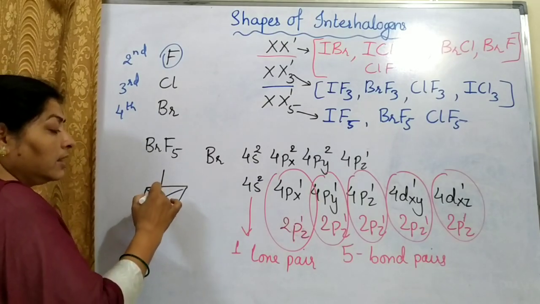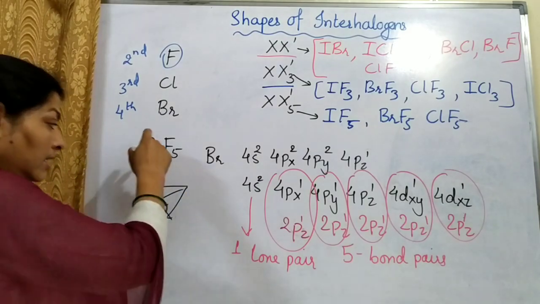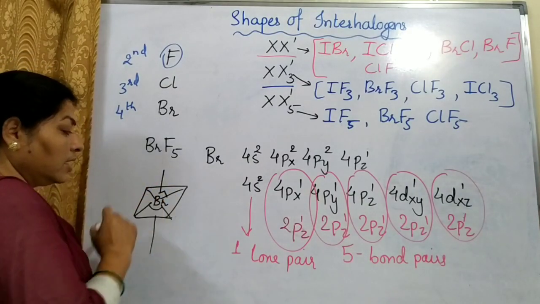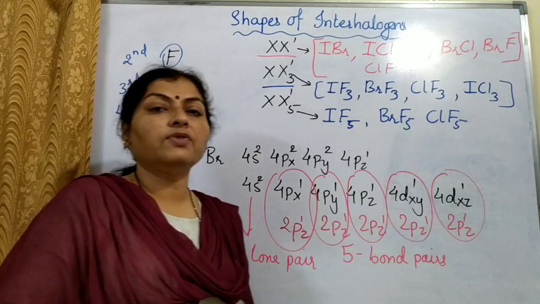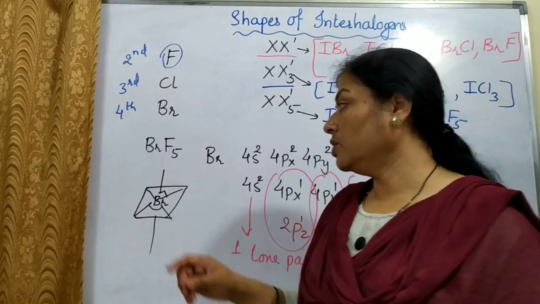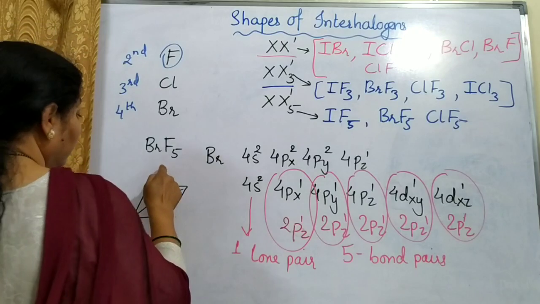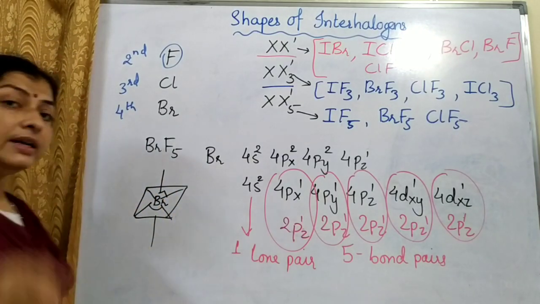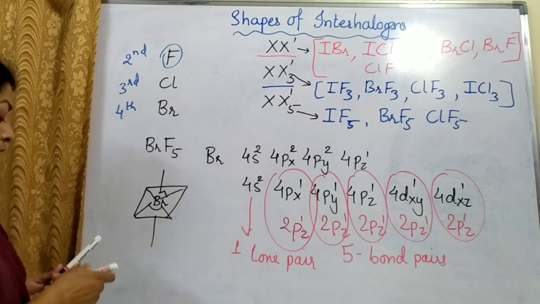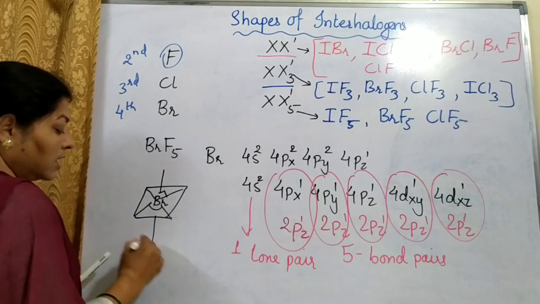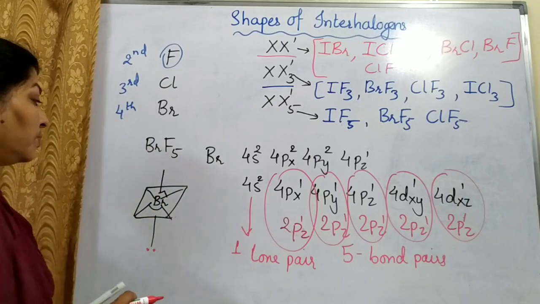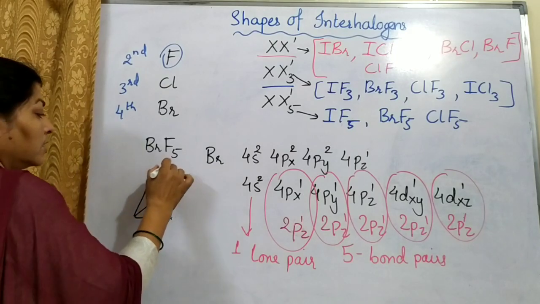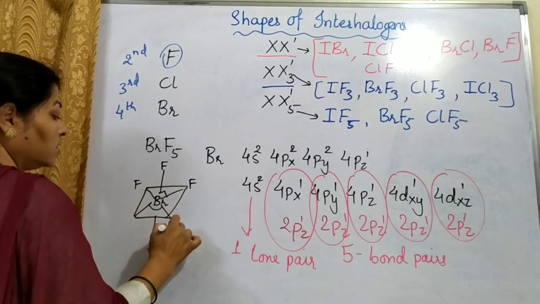The angle in the plane and along the axis, both are the same, 90 degrees. And between this pair of electrons and this pair of electrons, there is a 180 degree angle. So the lone pair in this case will remain at the axial position, and F atoms will take the other positions.